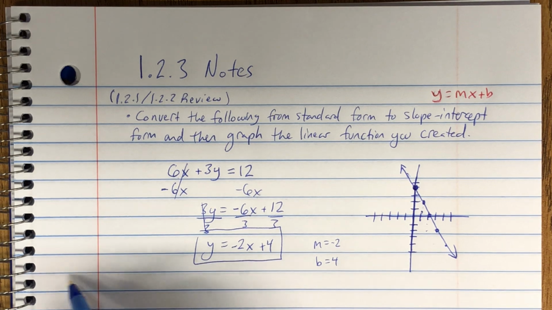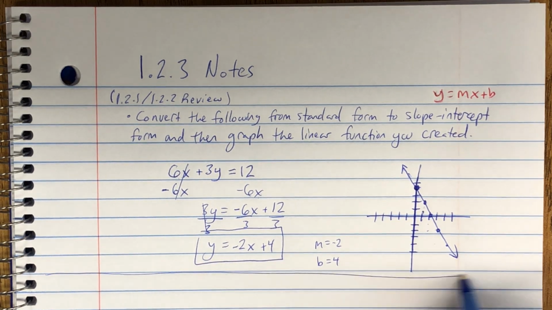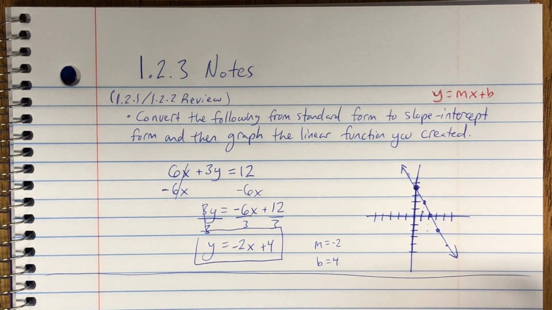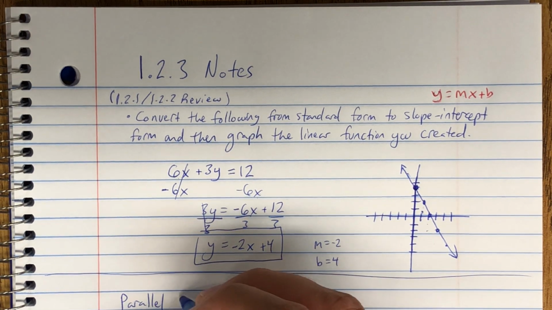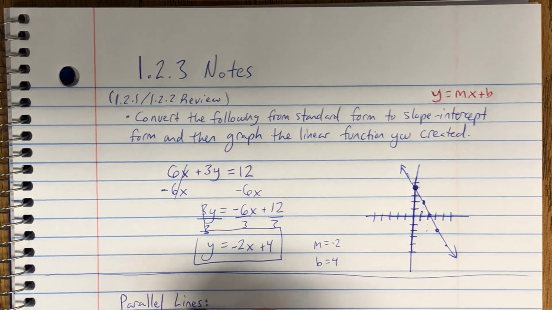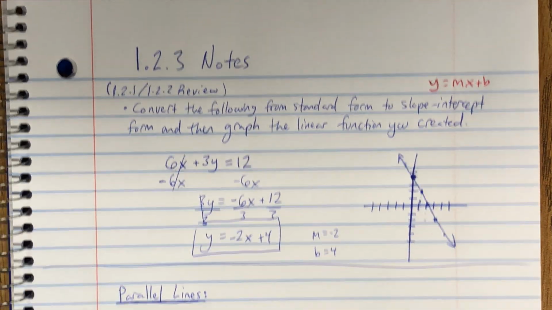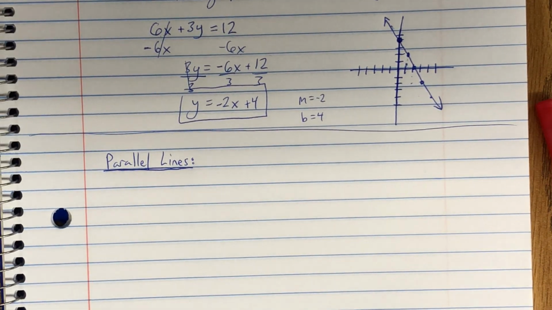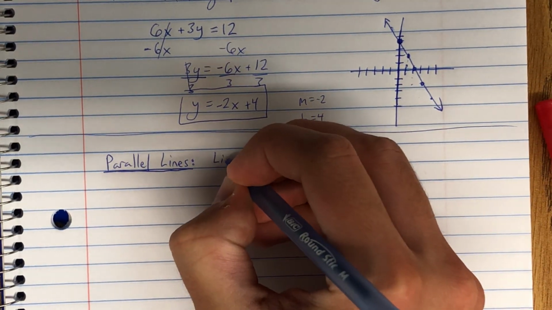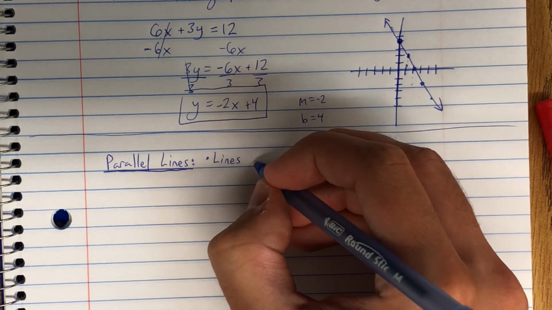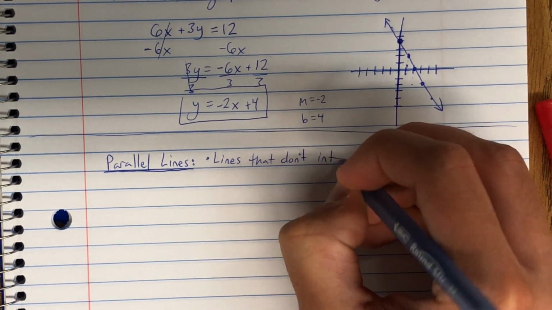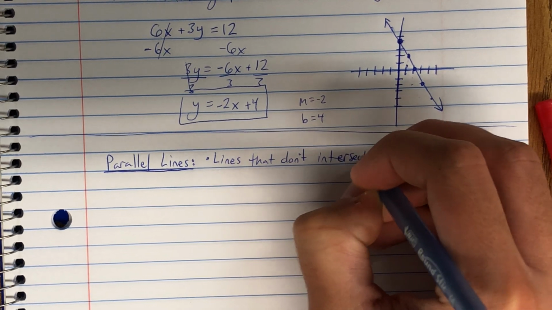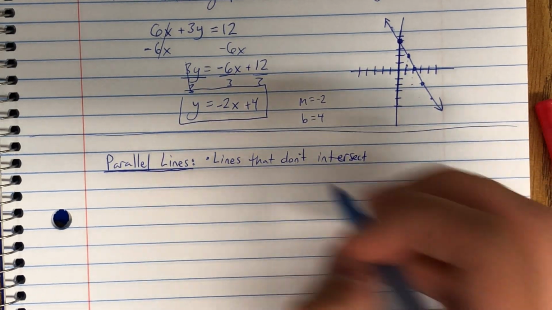Okay, so there's our review. Let's get into some new stuff. So we're focusing on parallel and perpendicular lines. Let's define parallel lines first. Parallel lines are, number one, lines that don't intersect.